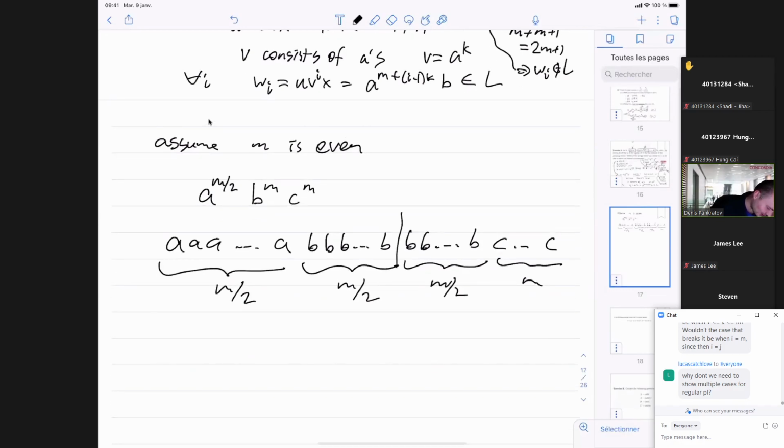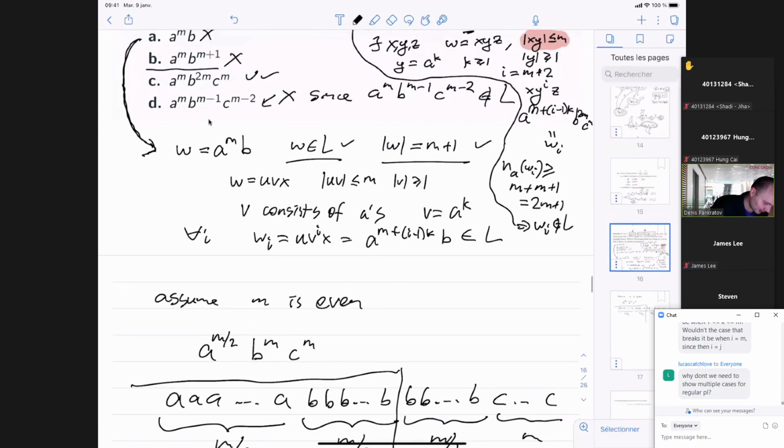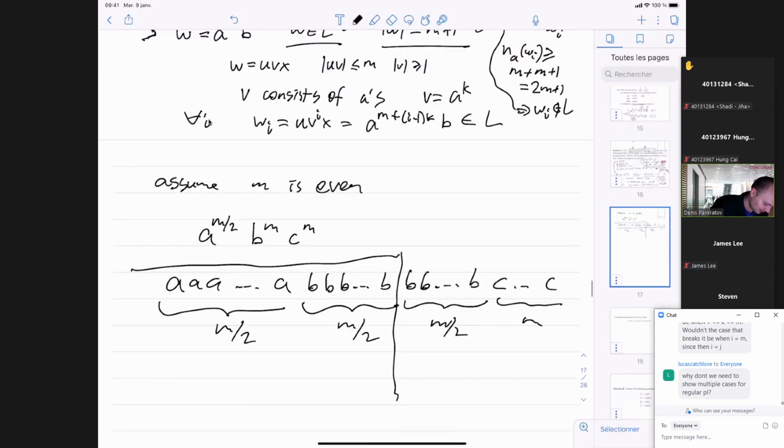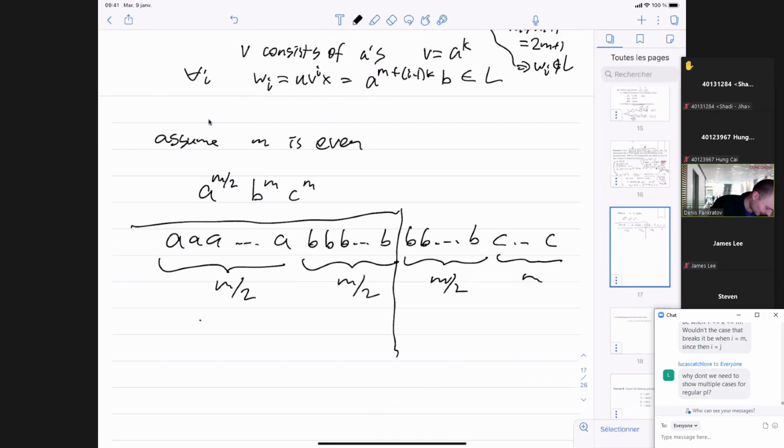Now, if you consider what the first M characters are, it is M over 2 A's followed by M over 2 B's. If we apply the pumping lemma, Y could appear only among A's, it could appear spanning the boundary between A's and B's, and it could appear only in B's.